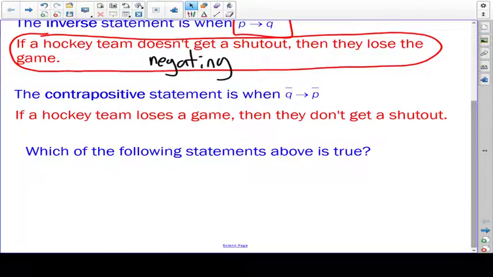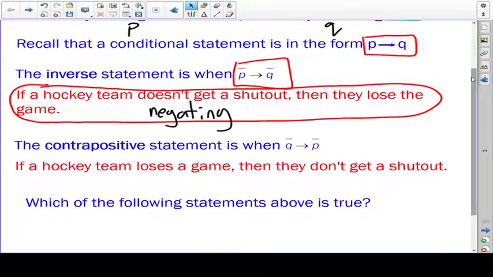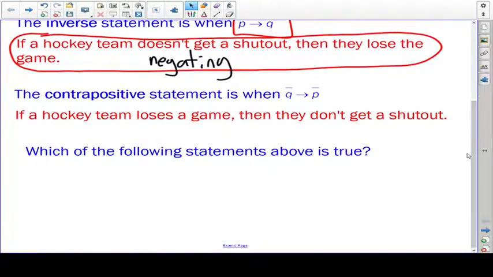If a hockey team loses a game, then we would put not P, and not P is a hockey team doesn't get a shutout. So the contrapositive is if a hockey team loses a game, then they don't get a shutout. Okay? Make sense?